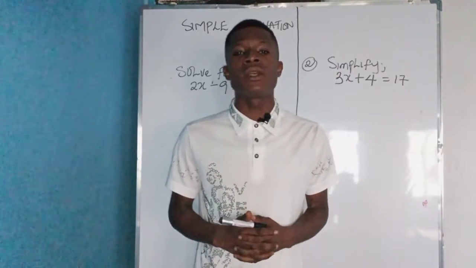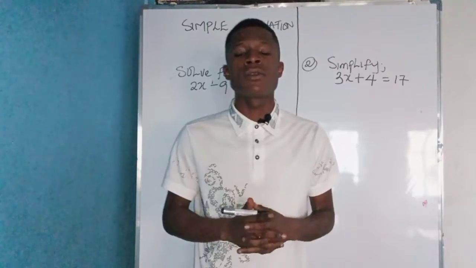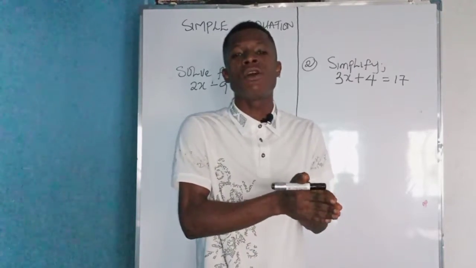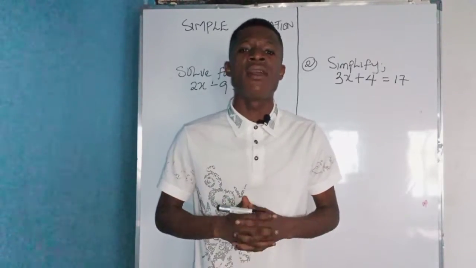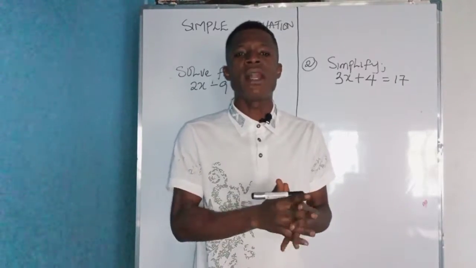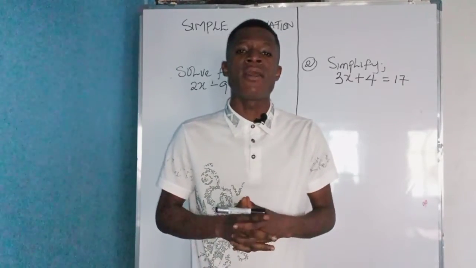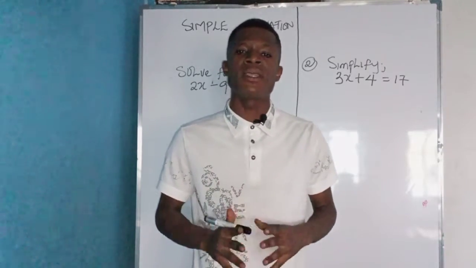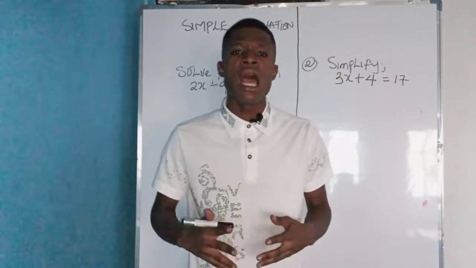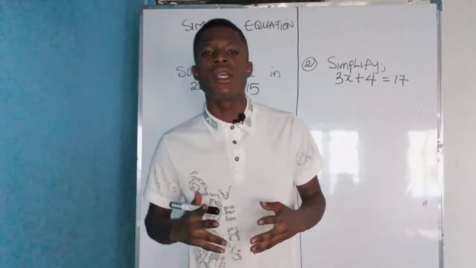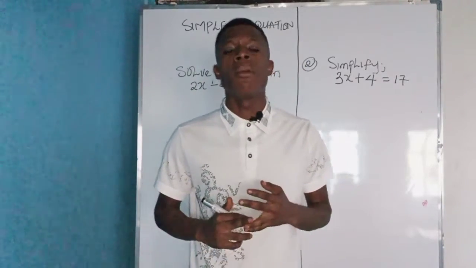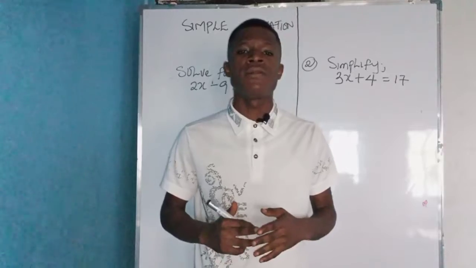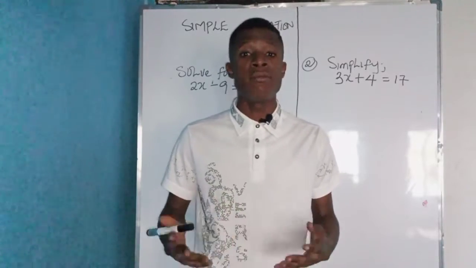Our task is just to find the value of the variable that will satisfy the equation, and this can easily be gotten by the use of our basic arithmetic operations, in the sense of addition, multiplication, subtraction, division, squares and square roots, and many more.